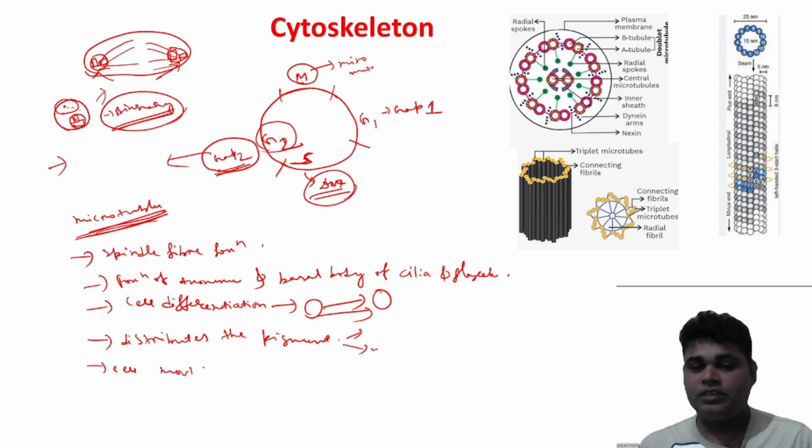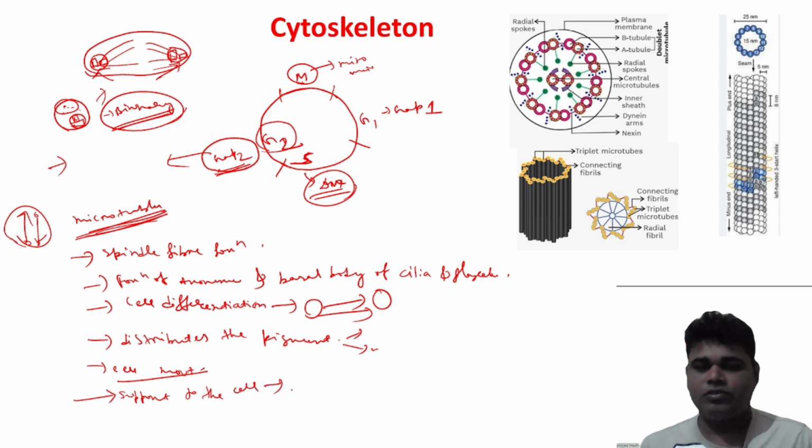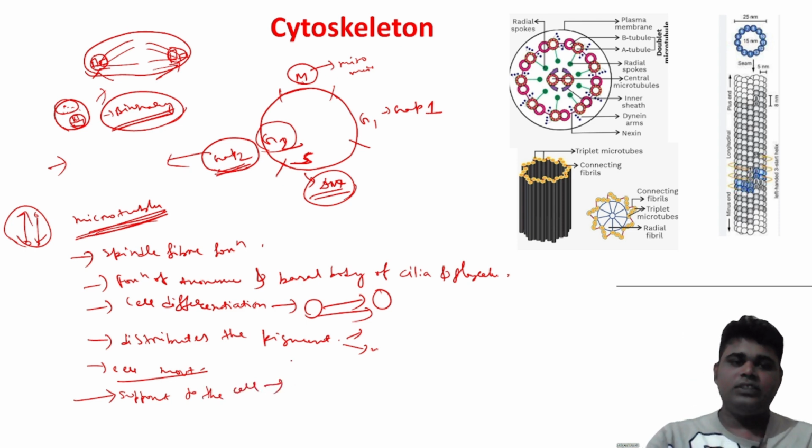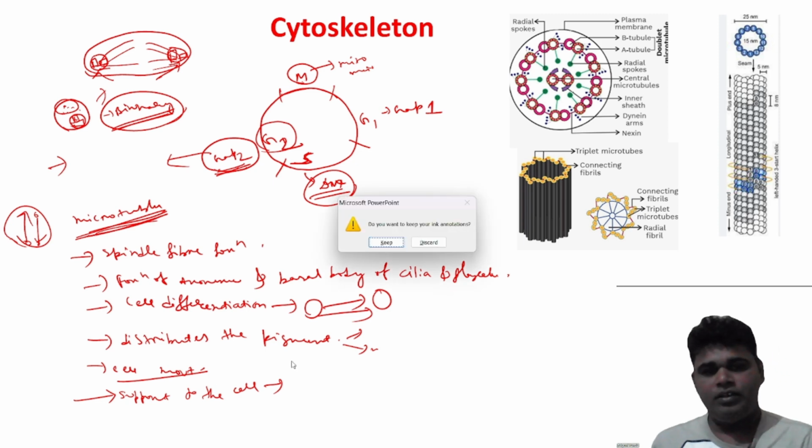That means during the gastrulation, one cell goes to another, or one cell again comes to here. So this is the cell movement, and this cell movement is occurred by the microtubule, and most importantly it provides the support to the cell or to the organisms. So this is all about the structure of the microtubule.